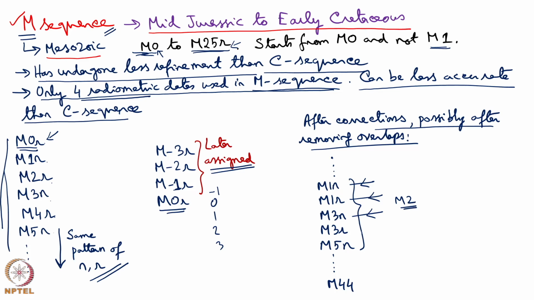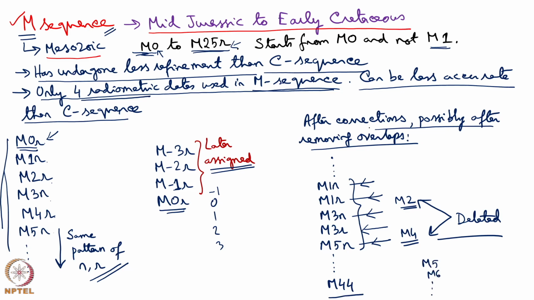M2 is completely missed. Then after M3N, if we go down, is M3R, and then comes M5N, that means M4 is deleted. So, you do not expect below M5N a continuous numbering like M5, M6, going continuously up to M44. That is not so.